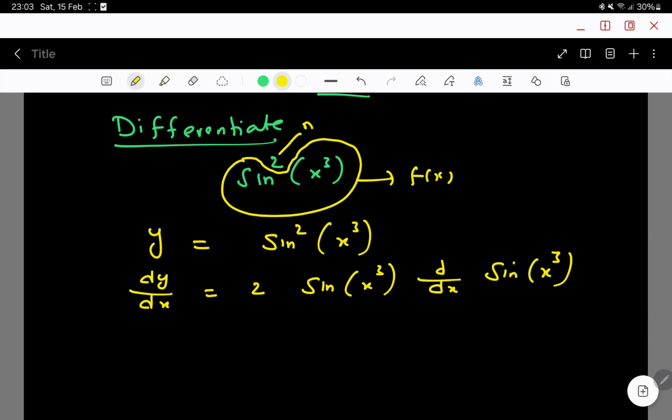To differentiate sine x cube, we apply the chain rule. Differentiation of sine x cube is cos x cube, and then differentiating x cube, that is 3x square. So 2 sine of x cube, differentiation of sine x cube is cos x cube, then differentiating x cube, 3x square.